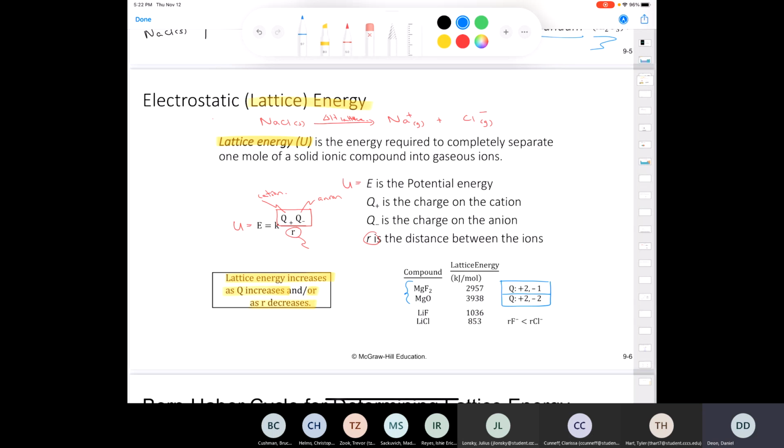The product of the numerator here would be -2, and the product of the numerator for magnesium oxide would be -4. -4 is a much bigger number, isn't it? It's twice as much. So that's why the lattice energy for magnesium oxide is going to be higher than that for magnesium fluoride. You can see that right here.